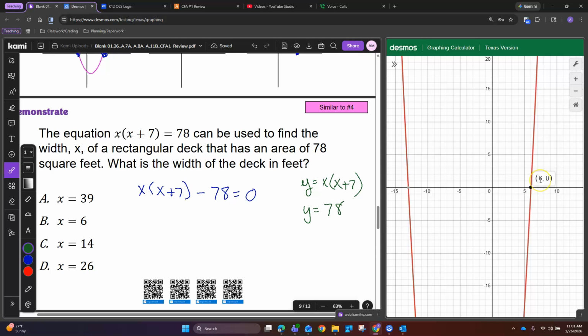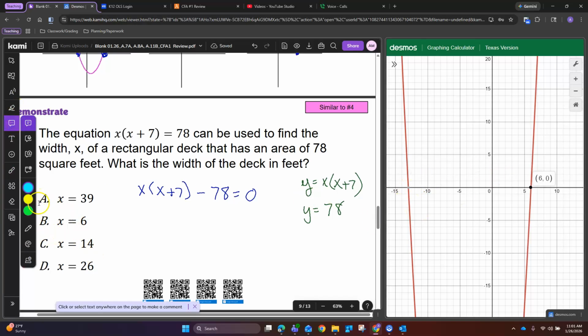And I'm going to pick 6 because this is the positive root. We can't have a negative width. Also, I changed it to 13 on the Amplify, but none of these answers are the 13. So we can find that that answer is positive 6.